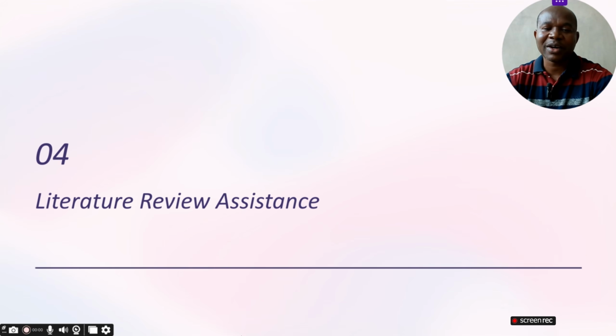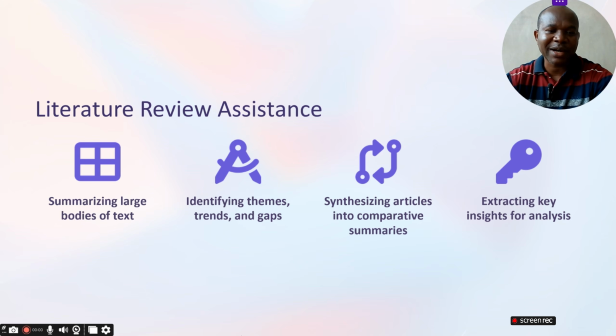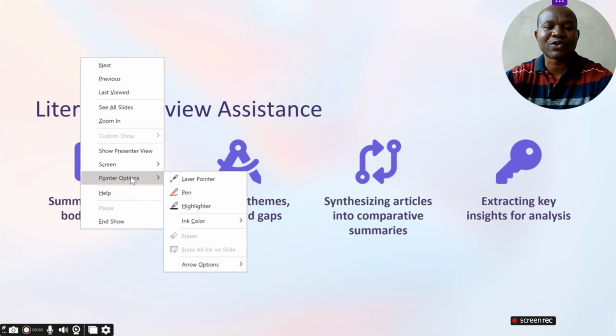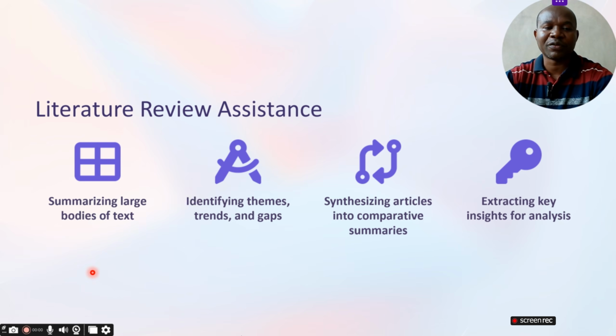Now let's talk about the literature review assistance, summarizing large body of text. Very, very important. ChatGPT can help you to summarize a large body of text. Summarize it in a word count, whatever the specification. How about identifying themes, trends, and gaps?